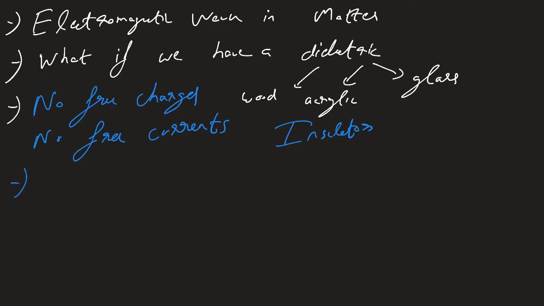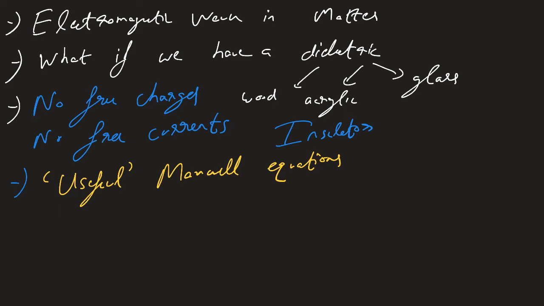Now, if you go back a few lectures before the spring break, you would remember that we looked at what we called the useful Maxwell equations, right? Inside a medium or any material. And those were basically expressed in terms of the electric displacement and in terms of the H field as we described it.